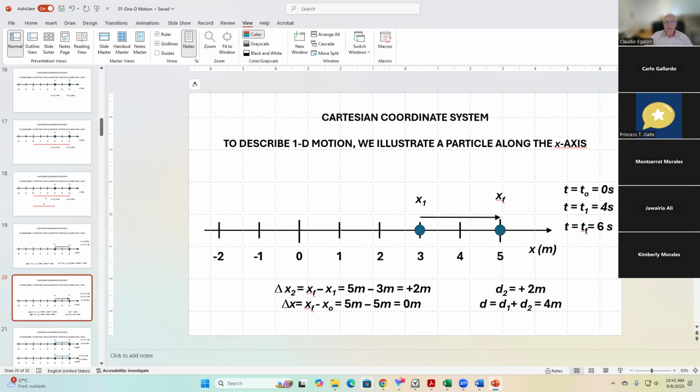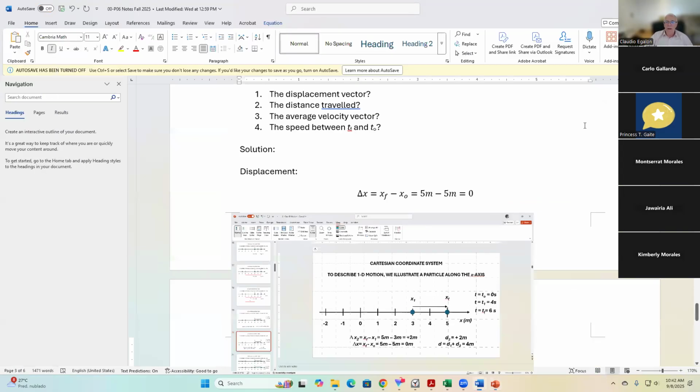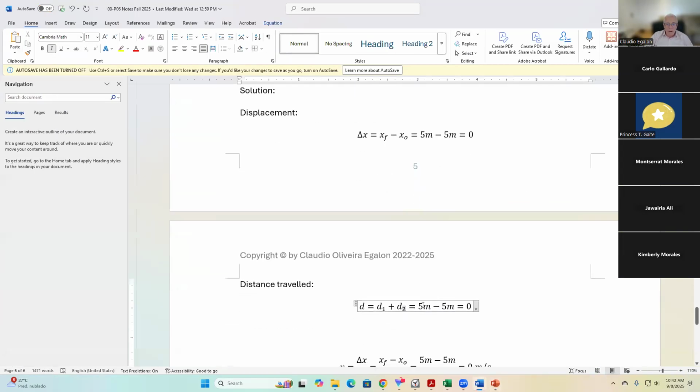It's going to be 4 meters. Distance traveled is always a positive number. So we go 2 meters plus 2 meters. So the distance traveled can be different from the displacement because of its very definition.